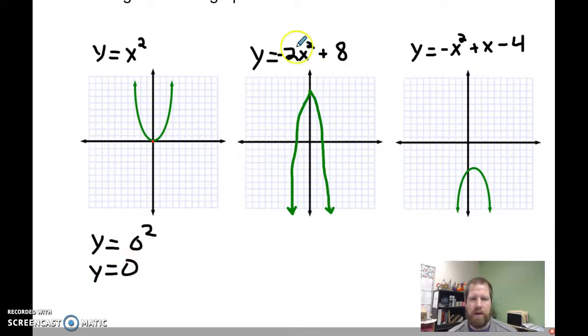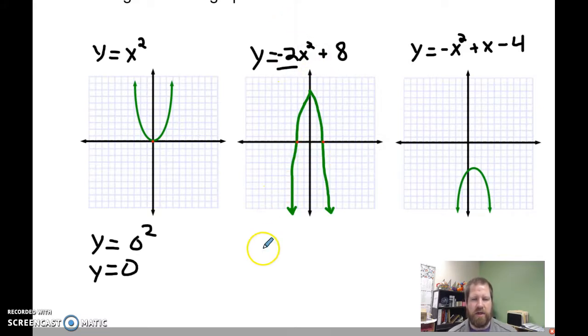Okay? For this one, I couldn't use my nice clean looking graphing tool because this has a more narrow shape to it. So I'll just go ahead and tell you where this is supposed to cross. It's supposed to cross at +2 and -2. That's where my zeros should be.